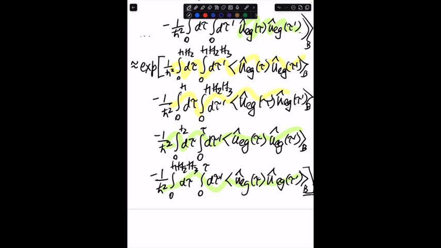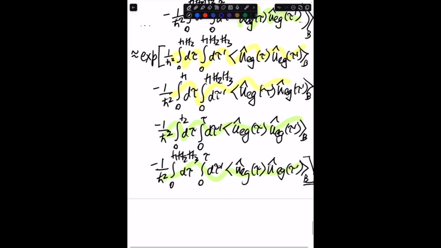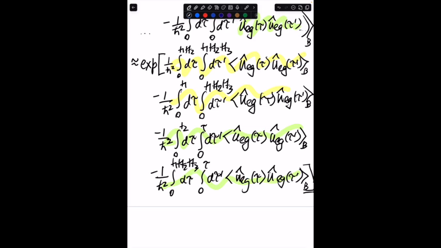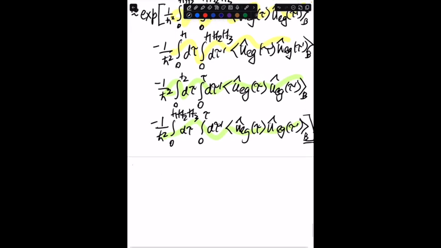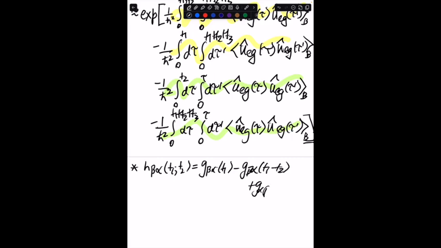So for integral number 1 and 2, we have to use property 3 of the integrals, where you are integrating from 0 to some arbitrary time and from 0 to some other arbitrary time, and they're not nested, essentially. So just to recall, h beta alpha t1 t2 was written as g beta alpha t1 minus g beta alpha t1 minus t2 plus g alpha beta t2 star, right?